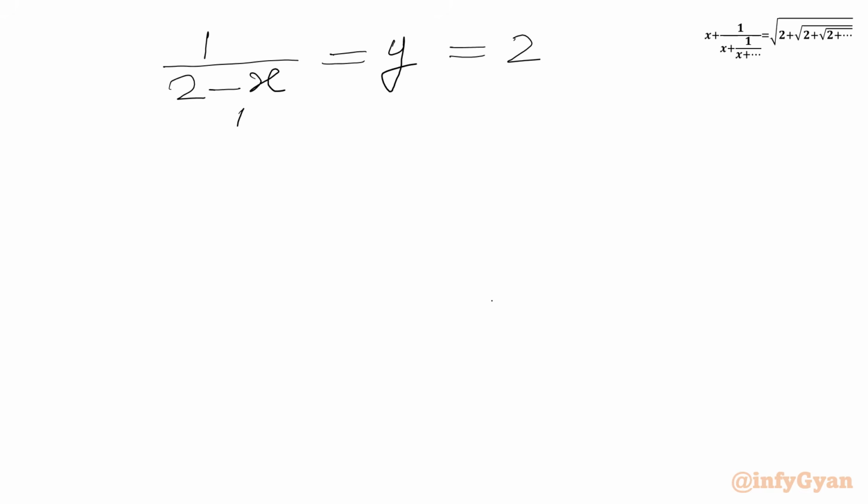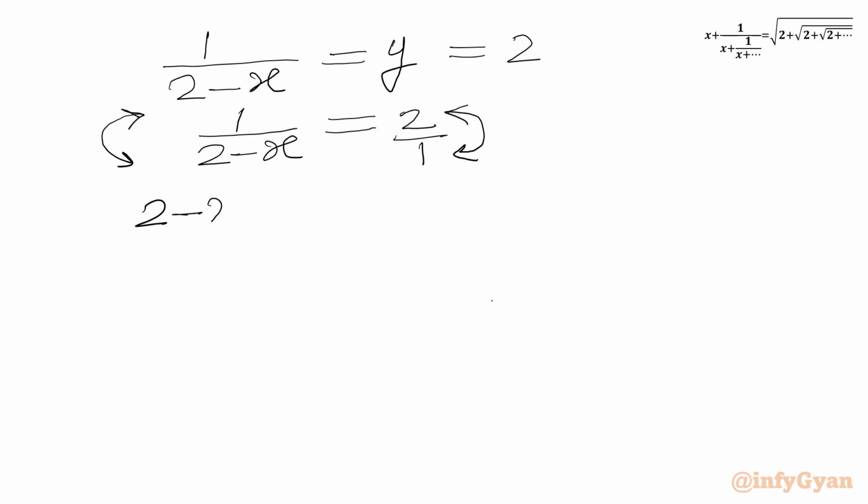Or we will be writing here 1 over 2 minus x will be equal to 2. Now we will switch numerator and denominator, or we have to consider reciprocal both sides. We can write 2 minus x. This must be equal to 1 over 2. Now we will take minus x to the RHS so that it will become plus x, and plus 1 over 2 to the LHS.